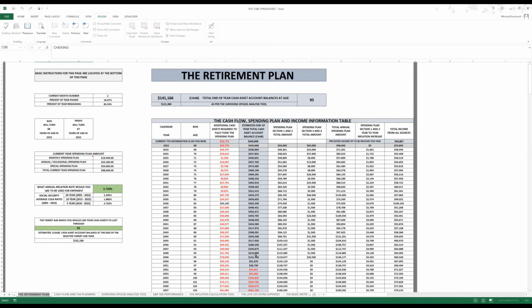And so I can start pulling this allocated money back and use it for those little extra expenses that are coming along. Then as I slow down a little bit more and I have to have even more help, once again, I go to these years and I pull some more of that money out.